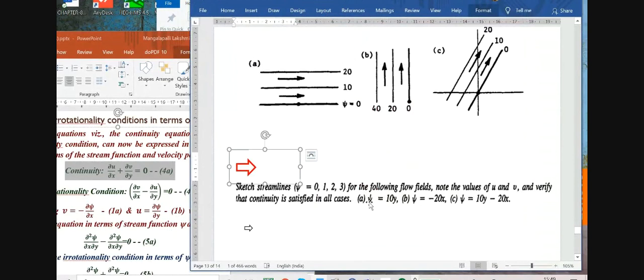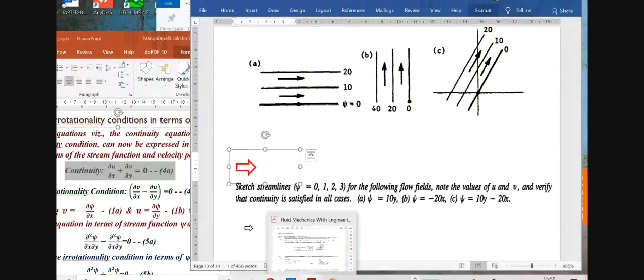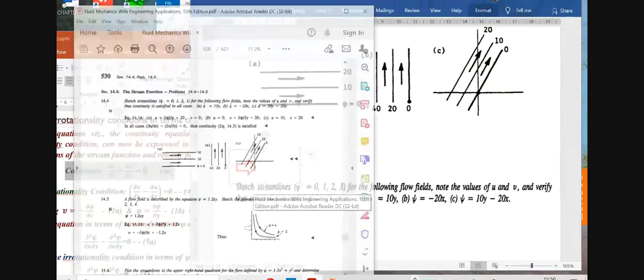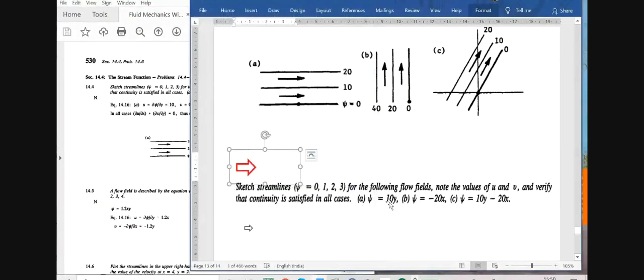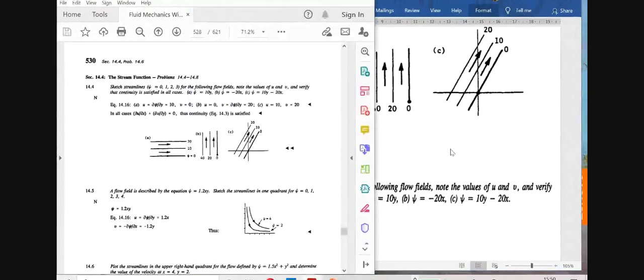What is u equal to? u is dou psi by dou y. So what is that value? It is 10, right? And what is v? v is 0.